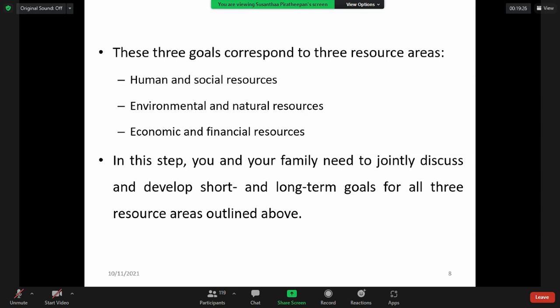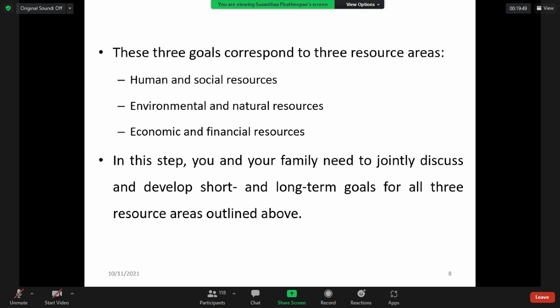And the third one is economic and financial resources. Here, in the farm plan, we develop a budget. What is our initial investment, and we predict the losses and expenses.